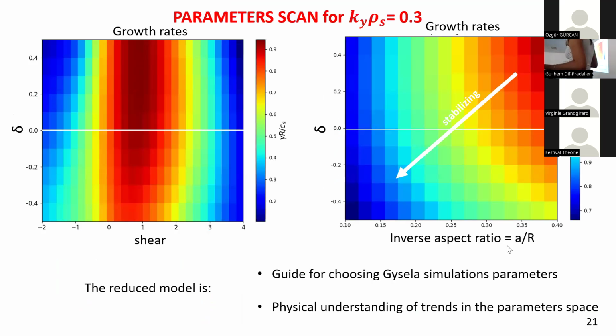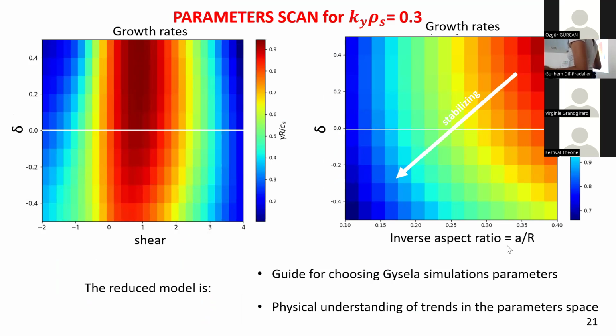This analytical model is quite interesting because it gives us the possibility to scan a broad parameter range. Here you can see two examples. In very, very few hours, you can see the growth rate as a function of delta, the triangularity from negative to positive, and the shear.